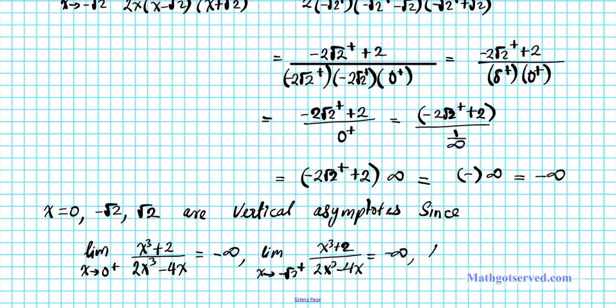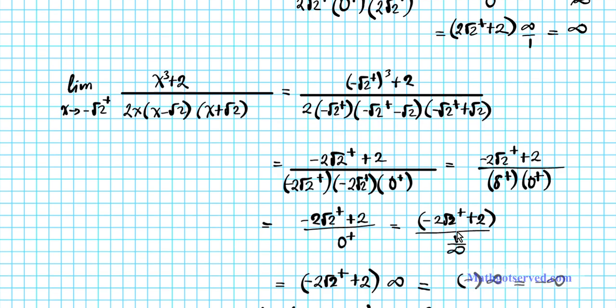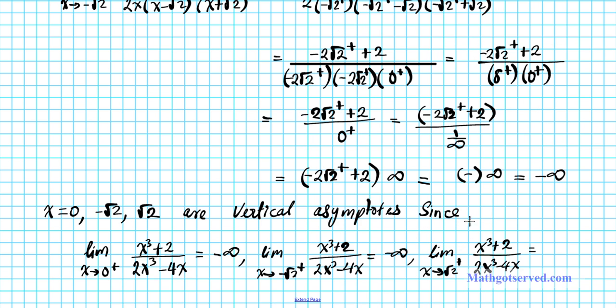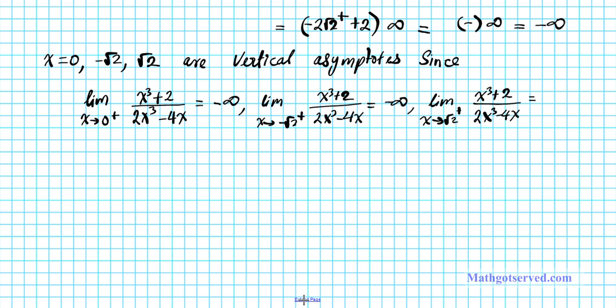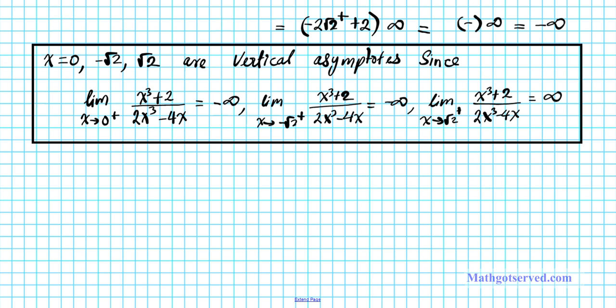And lastly, we also figured out that the limit as x approaches root 2 from the right of the function was equal to, what was our answer? Infinity. Okay, so remember, if you approach infinity or negative infinity for those directional limits, that value you're approaching is a vertical asymptote. Okay, so this basically is the conclusion of the second part of problem 1.